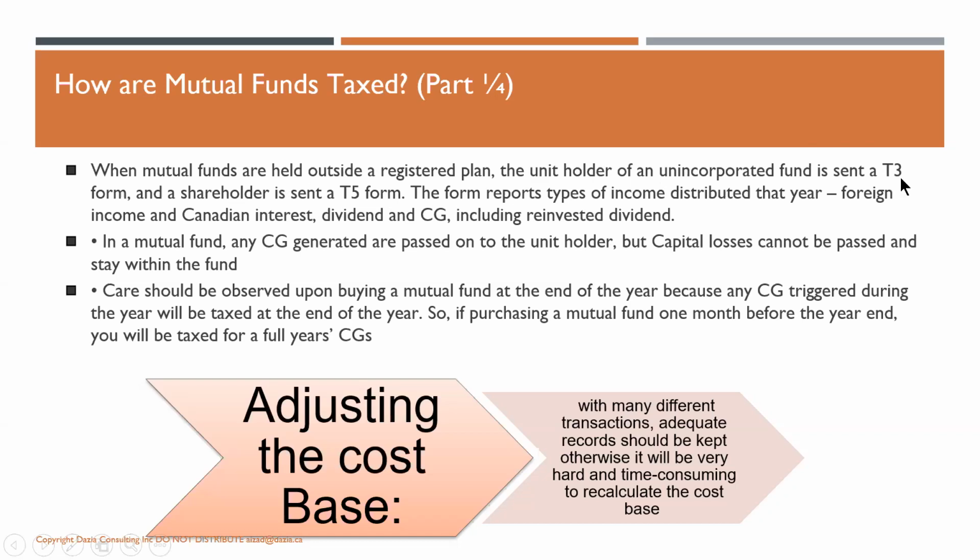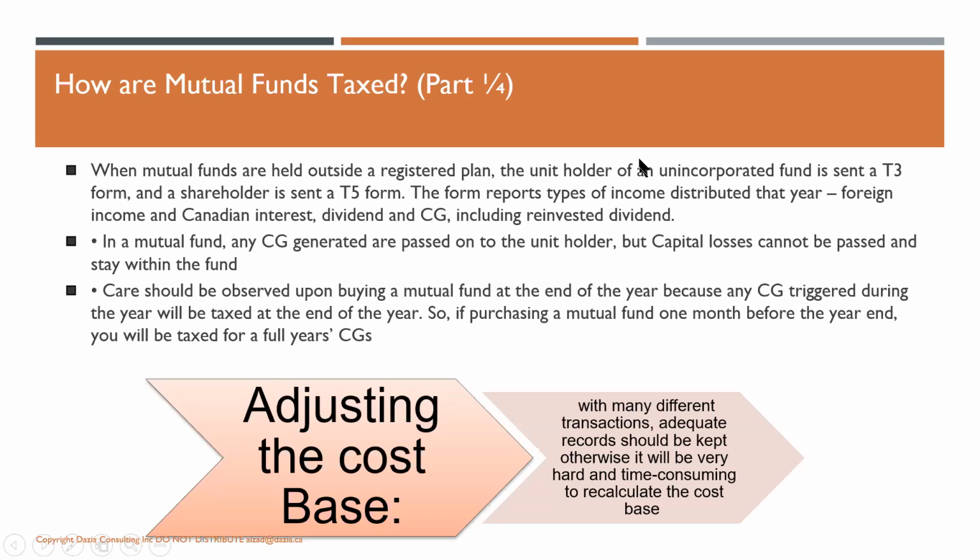When you do your taxes, you give that T3 form to your accountant, and they will enter the information into the boxes on your tax return. This is for a non-registered account, which is not the RSP. For RSP, you don't get any T3 or T5. You only pay taxes when you withdraw. TFSA, no taxes on the withdrawal. We'll talk about taxation more in chapter 6, but for any registered account, you do not get any T3 or T5 slip.